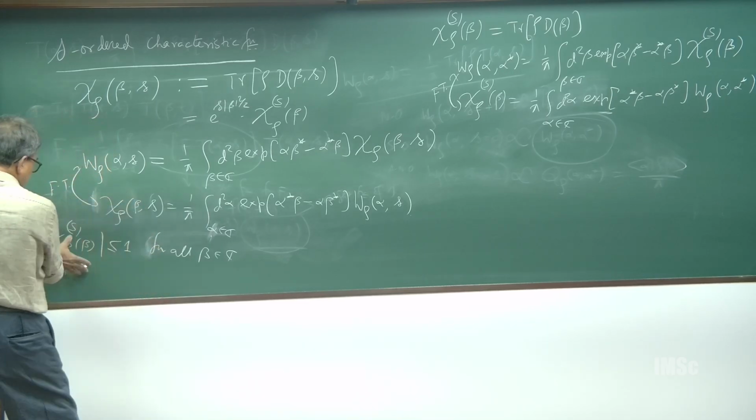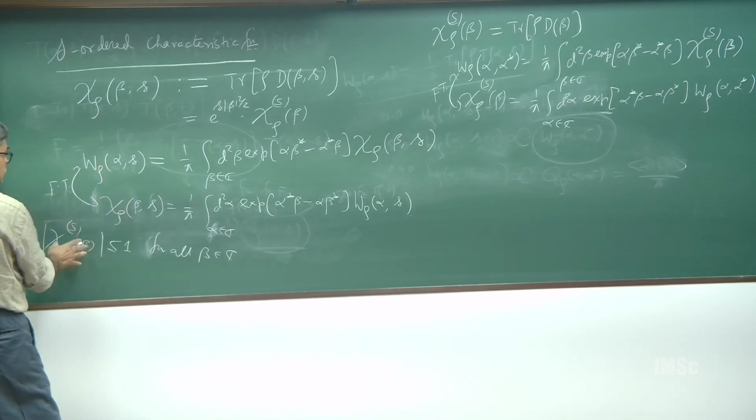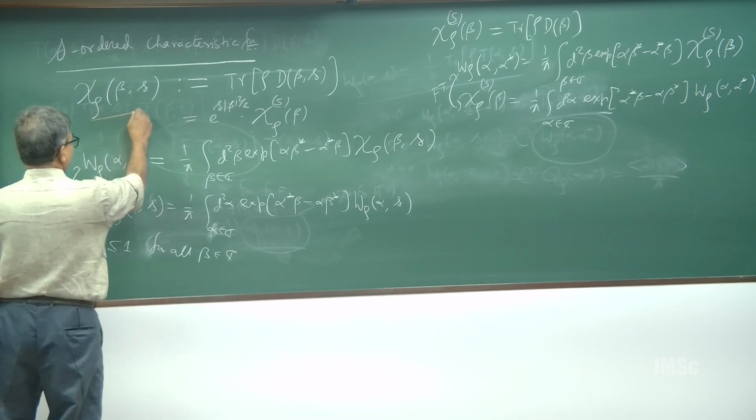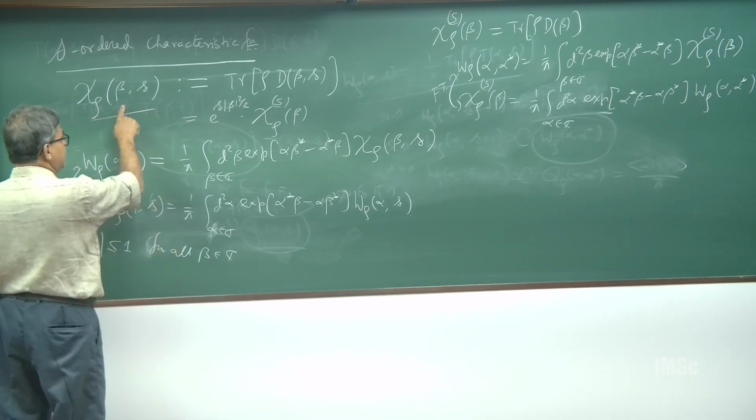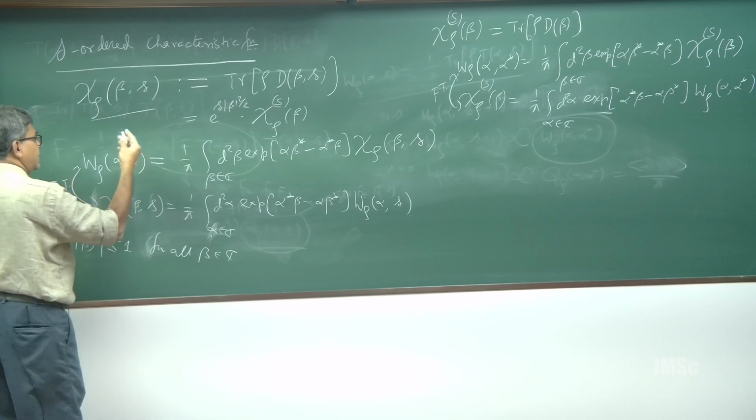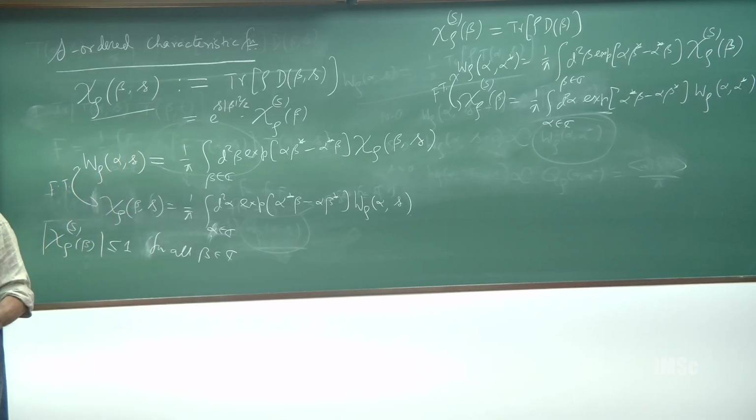Because this is a continuous function, you can show that this will also be a continuous function of beta, and for S it is kind of an entire function. Okay. So, these are all characteristic functions, and using that characteristic function you can define your distribution functions also. Okay.